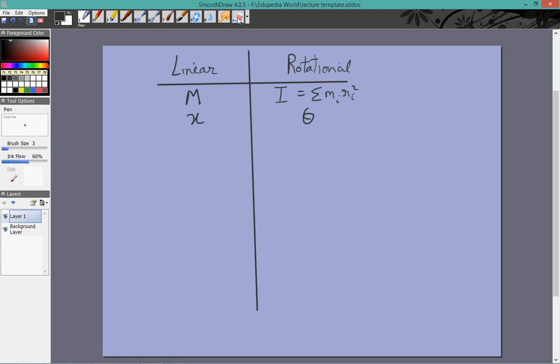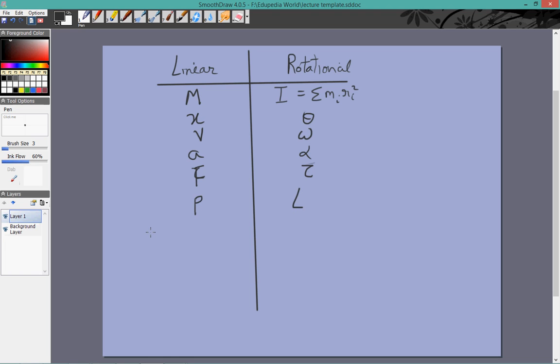Displacement, the analog is angular displacement. Right? We have v, the analog is omega. We have a, the analog is alpha. Sorry, we have force, the analog is torque. And we have momentum and the analog is angular momentum.